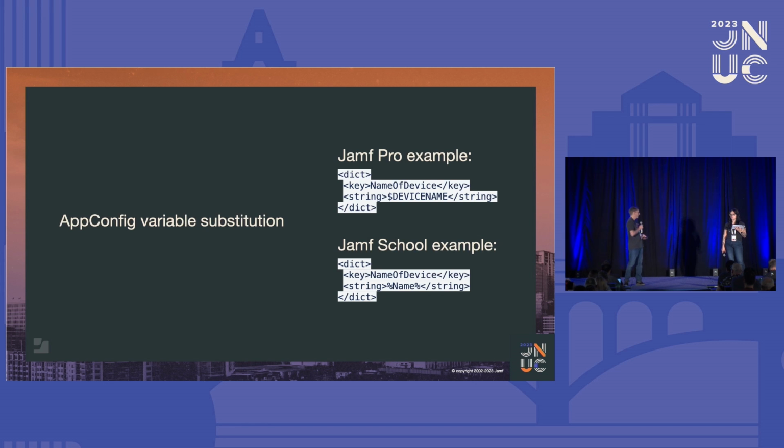Now this is one that we wanted to go into a little bit, though we don't have a lot of time. App config variable substitution works in both Jamf Pro and Jamf School. They are slightly formatted differently. Jamf Pro uses $, all caps with maybe underscores, and Jamf School uses % surrounding those values, but that is a per device substitution.